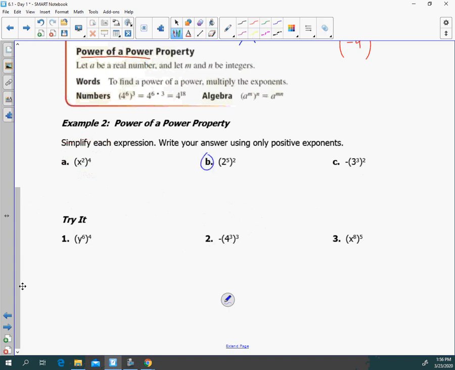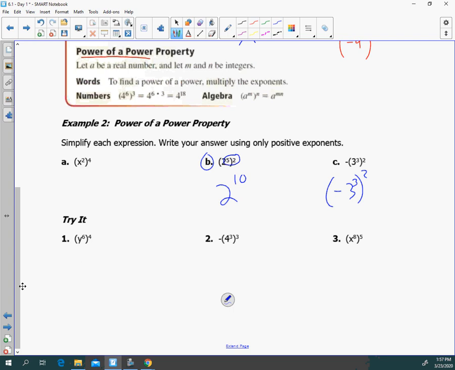Letter B, right? What do we got? We got 2 to the 5 times 2, 2 to the 10th. Sweet. There's the answer. On this one, gotta be a little bit careful because if you see that negative, there's a difference between the negative out there and a negative in here. Those would be 2 different answers.